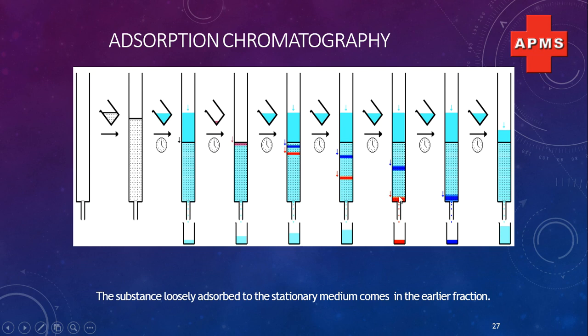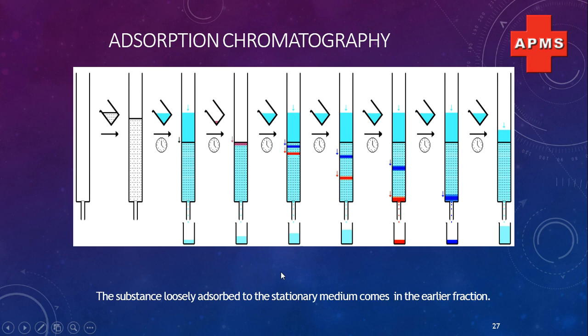So the red component is eluted first and collected in a separate beaker, and then afterwards the blue component goes to this outlet, is eluted from this column and collected in a separate beaker, and both components can be analyzed separately. So this is the simple column chromatography where a liquid is used as the mobile phase.